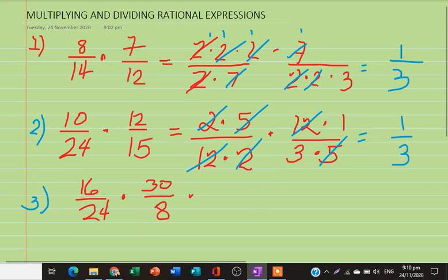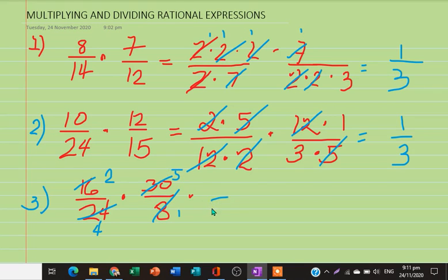So, we have here 16 divided by 8 is 2. 8 divided by 8 is 1. And then the common factor between 30 and 24 is equal to 6. 24 divided by 6 is 4. 30 divided by 6 is 5.